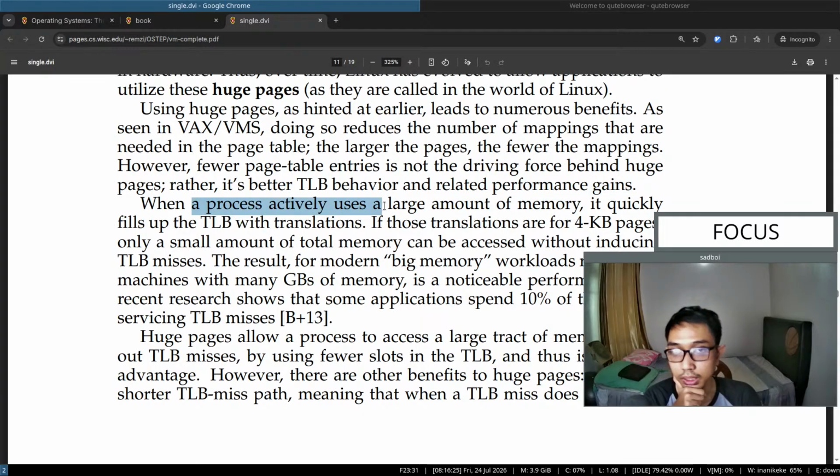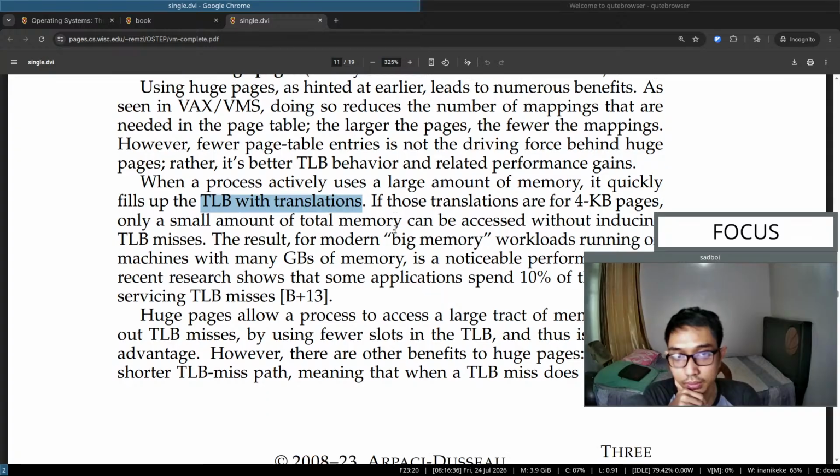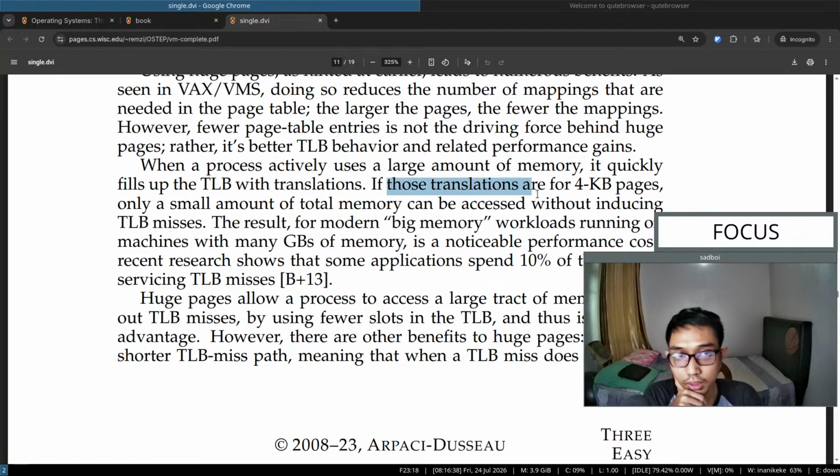When a process actively uses a large amount of memory, it quickly fills up the translation lookaside buffer with translations. If those translations are for 4 kilobyte pages, only a small amount of total memory can be accessed without inducing TLB misses.